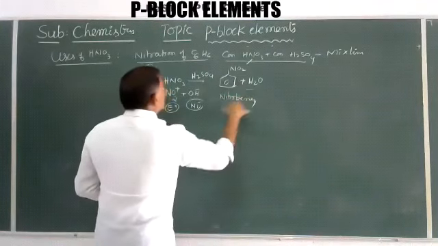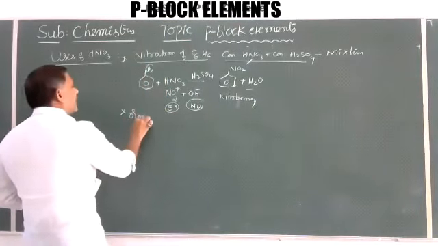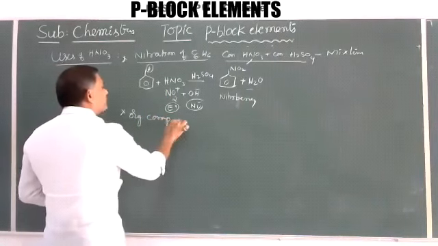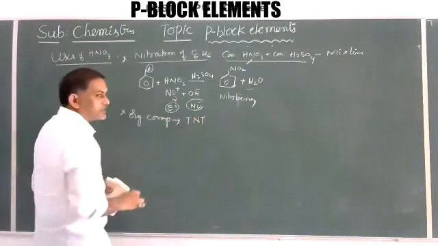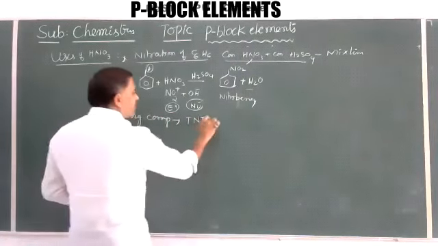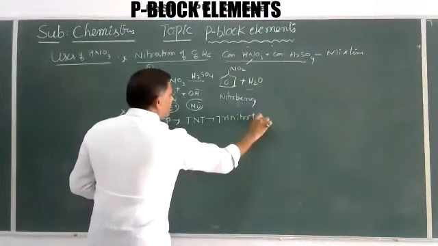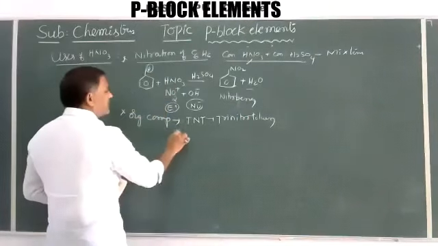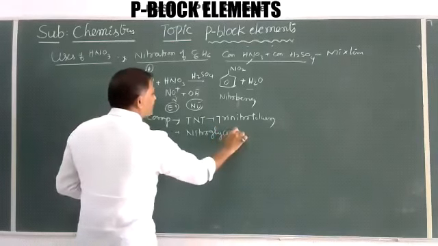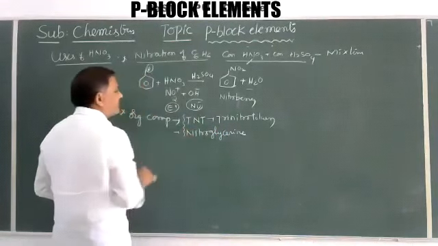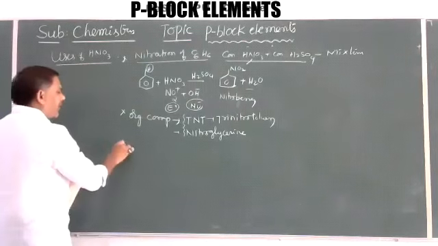Nitrobenzene. Not only this one, a simple example in first year; a variety of organic compounds are prepared by using HNO3, that is TNT, the explosive trinitrotoluene. To prepare trinitrotoluene, we can use concentrated HNO3. Nitroglycerin is also another important chemical substance used as an explosive agent.